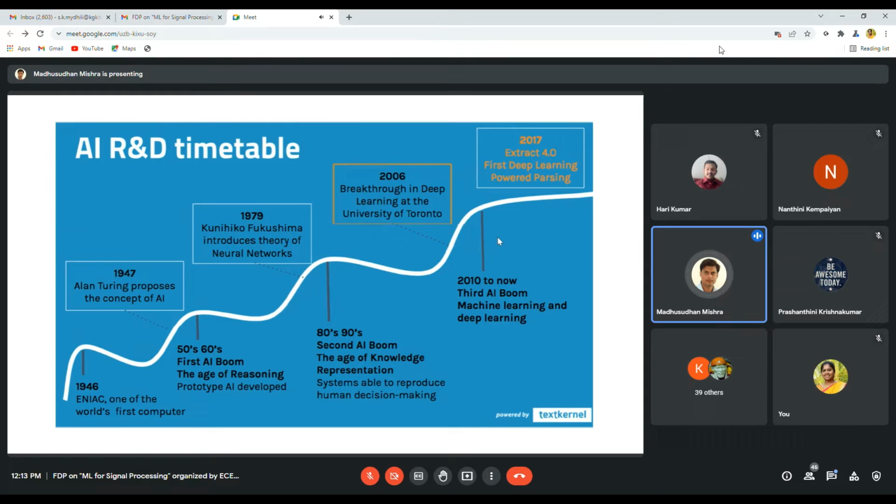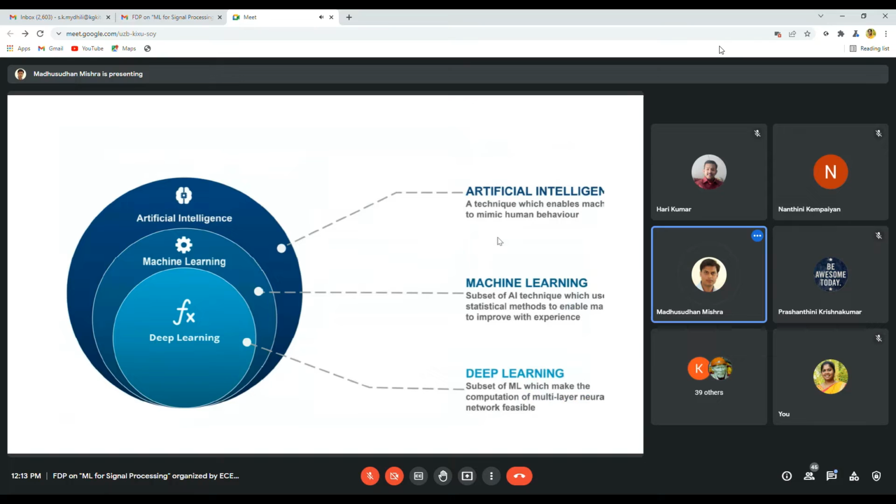So now it is the age of deep learning. Let us see how artificial intelligence, machine learning, and deep learning are related to each other.